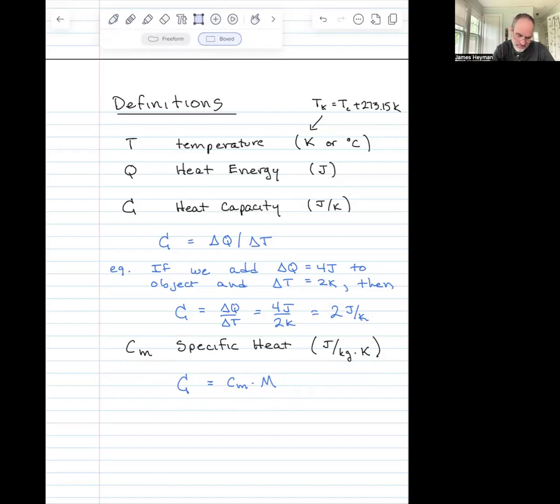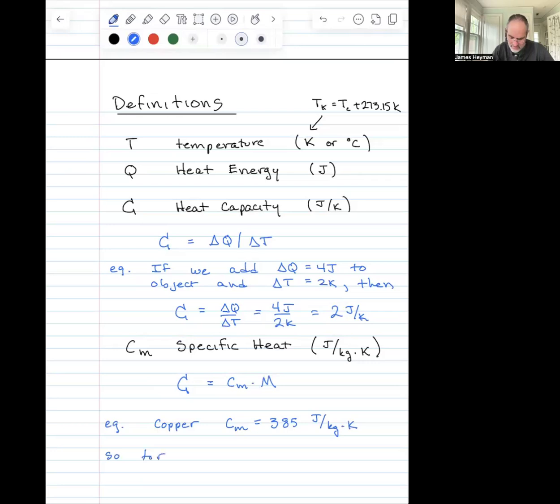And just for example, the specific heat of a particular substance, for copper, the specific heat is 385 joules per kilogram per Kelvin.